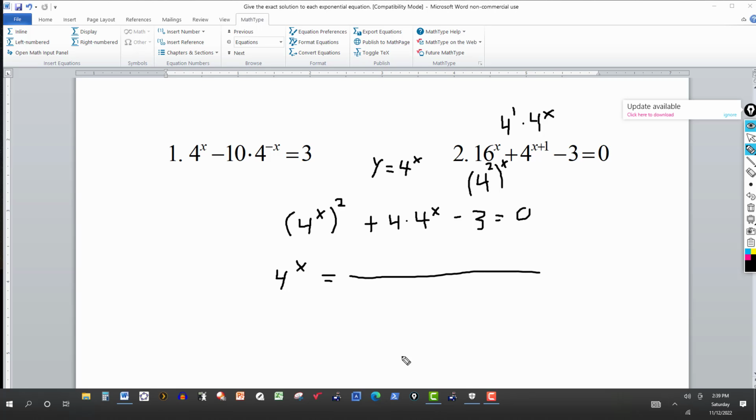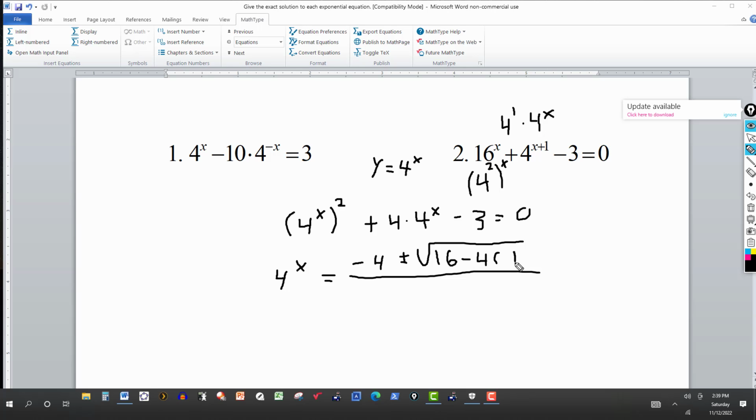I just gave you the formula a while ago. It's minus b, so this would be minus, and here the b is 4, so this is minus 4. And the formula is plus or minus the square root of b squared. b squared, that's the 4, so that's a 16 here. And then it's a minus 4AC.